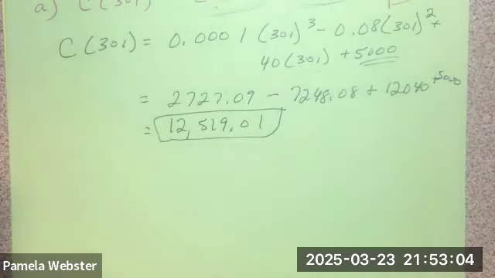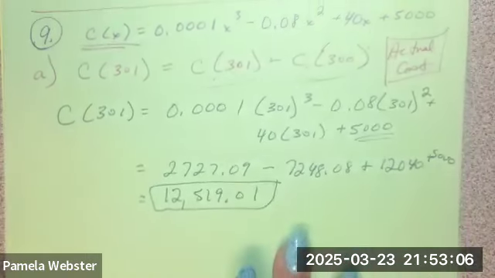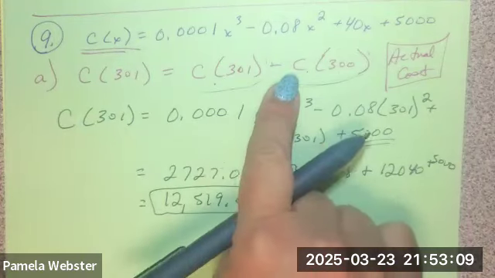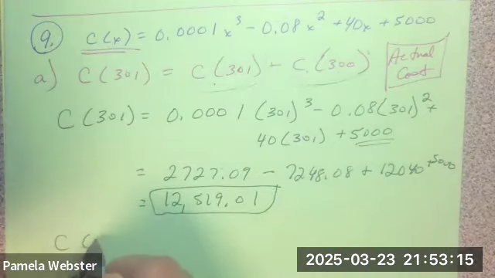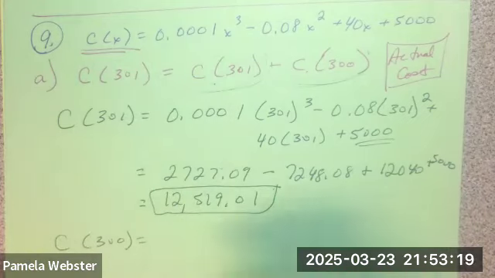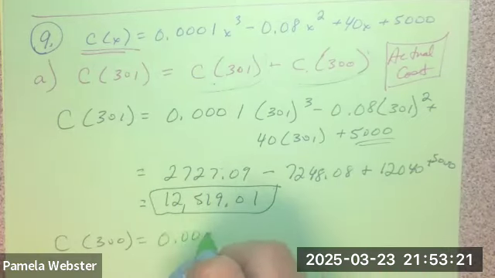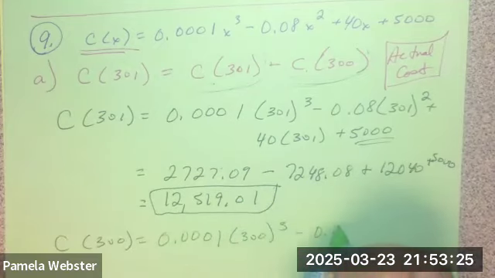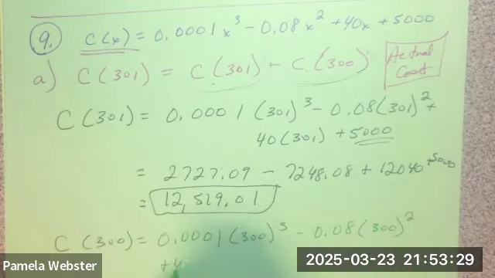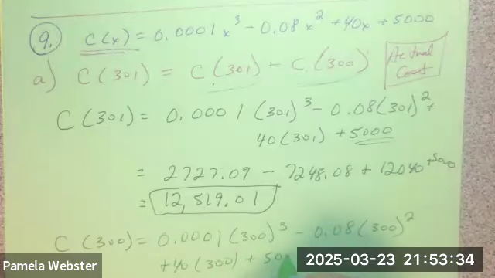That's the cost if I made 301 of them, right? My problem said take that and we're going to subtract off the cost of making 300. So I need to do this again. Cost of 300 equals, plug it in, 0.0001 times 300 cubed, minus 0.08 times 300 squared, plus 40 times 300, plus 5,000.